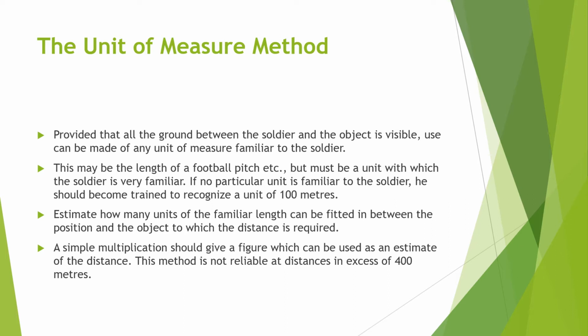So if there is a tree, say, in the distance, or a hedge, between that distance you'll be looking at, can I fit 2, can I fit 3, could I fit 4 football pitches in there, and obviously that would be your estimation. A simple multiplication should be given, and that's how you'd measure it. Obviously this is guesstimation, but it's the best guess, as accurate as you can possibly be.